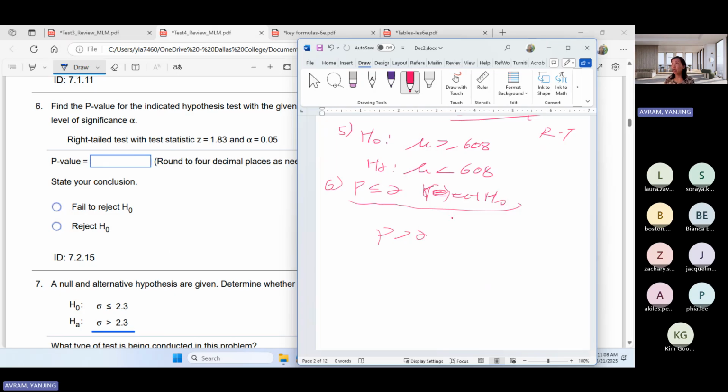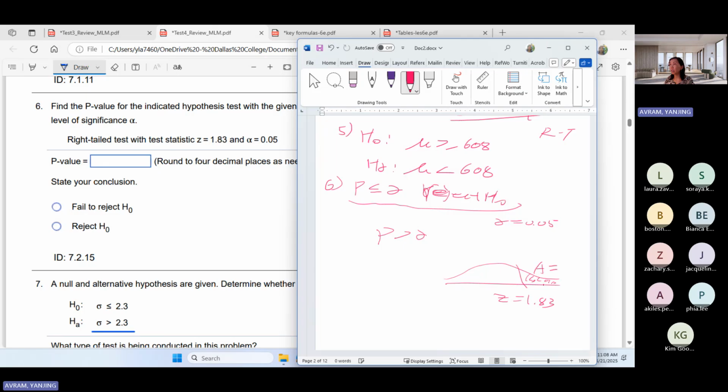So we're already given alpha is 0.05. And then how much is the p-value? Well, this is a right tail test. What is a right tail test? That means the area to the right, and my z-score is 1.83. So I'm going to find this area.